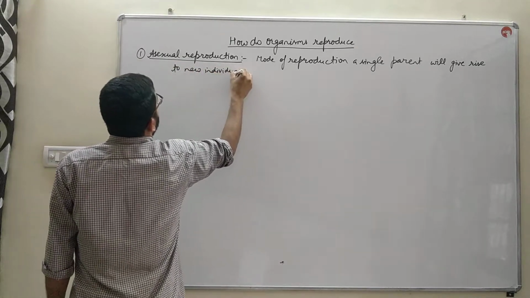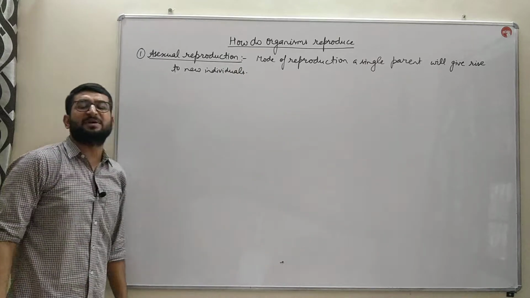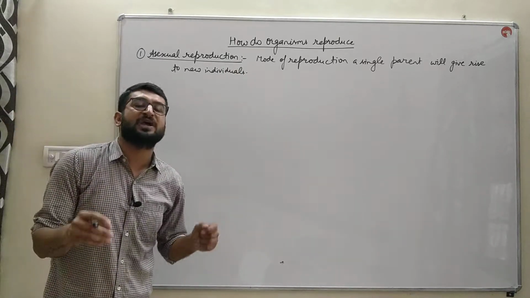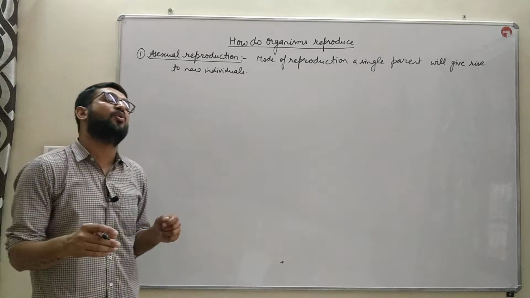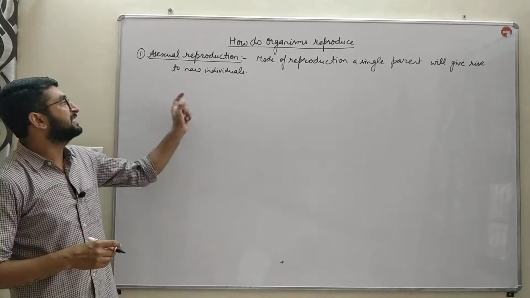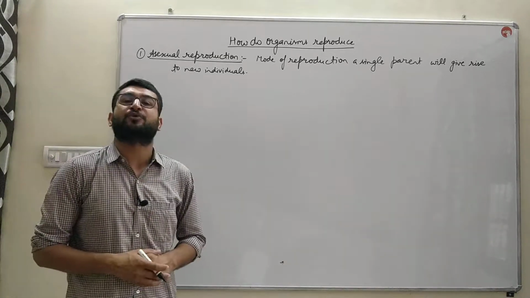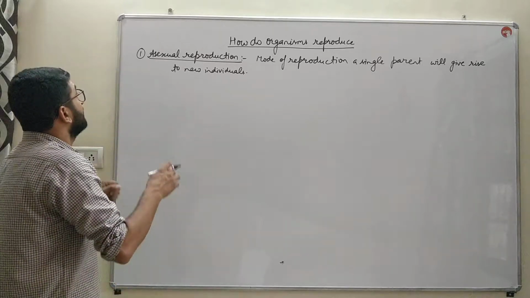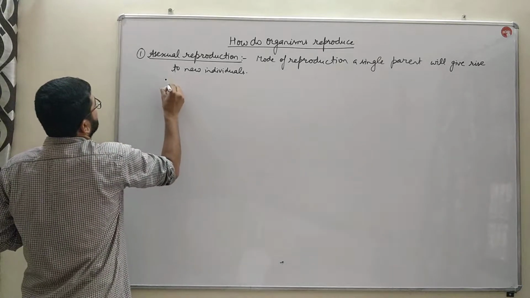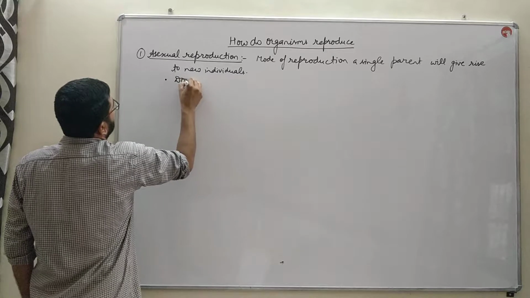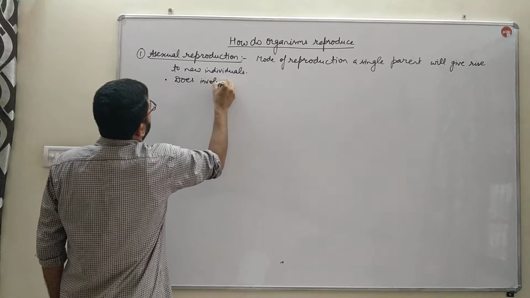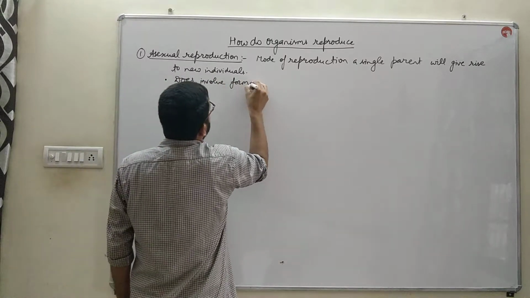The mode of reproduction in which a single parent will give rise to the young ones or the organism of its own kind is known as asexual mode of reproduction. This mode of reproduction does not involve the formation of gametes.